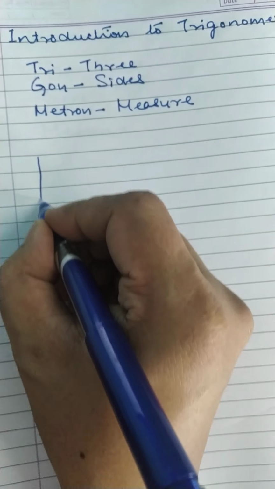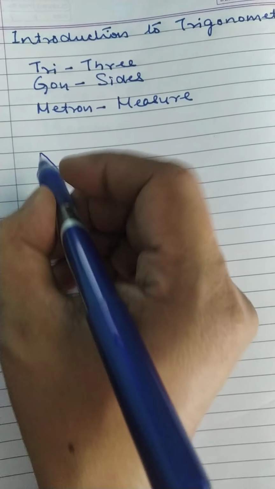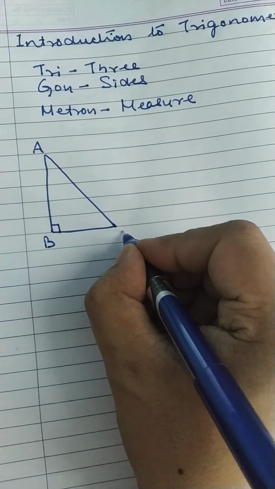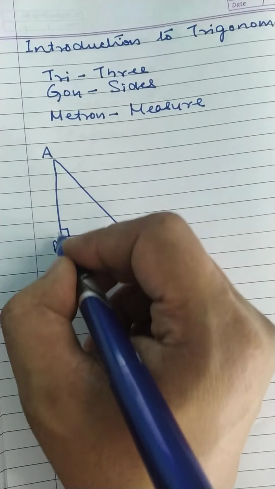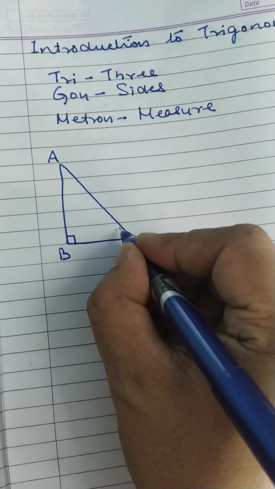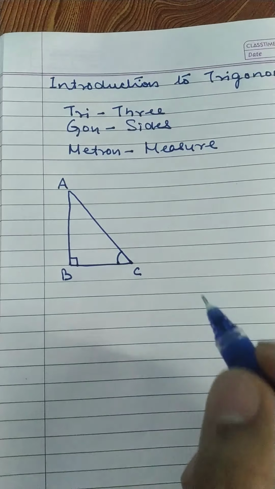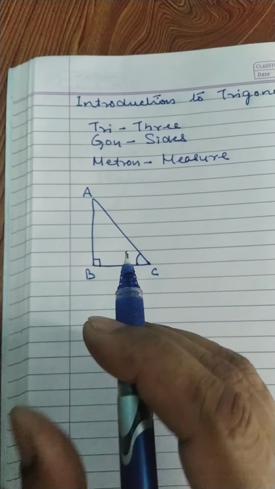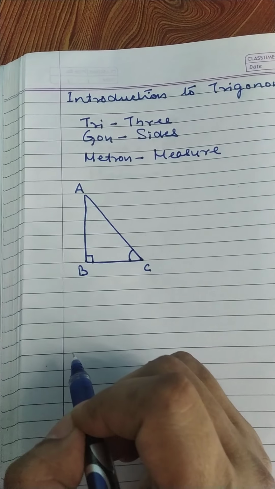Let's suppose we have a right angle triangle ABC, right angled at B. So in this right angle triangle, if we take the acute angle C, then we are going to define some trigonometrical ratios with respect to this angle C.